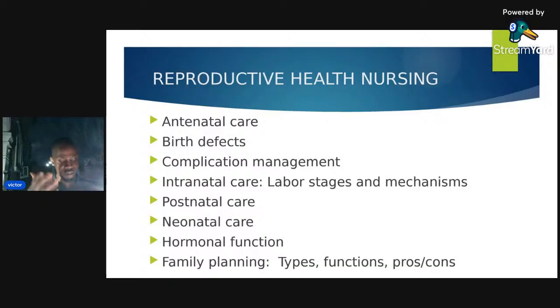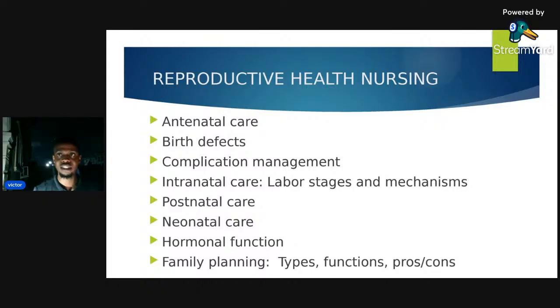Also, another form of birth defect is Down syndrome. I've said that earlier in my statement. Down syndrome is a genetic condition that occurs due to non-disjunction of chromosome 21.